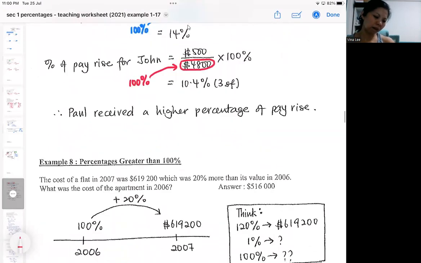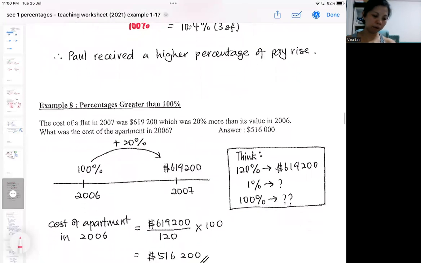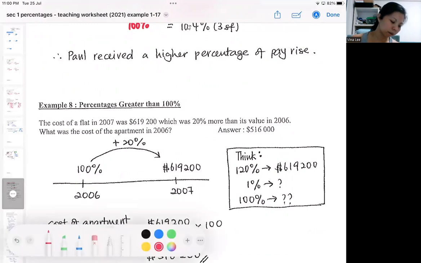Same thing. The next question is a very typical question where they compare percentage difference. So this one is the cost of a flat in 2007, and we are comparing it with 2006.